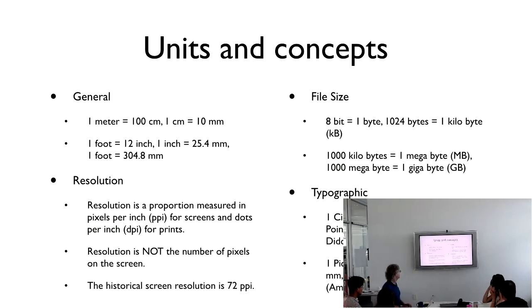Other units we need to know about is, of course, file sizes. So just be aware of it as bit, byte, kilobyte. Then it gets complicated because either you assume 1024 or you assume 1000 to go on further on. But essentially, it's so much easier if you do it in factors of 10.